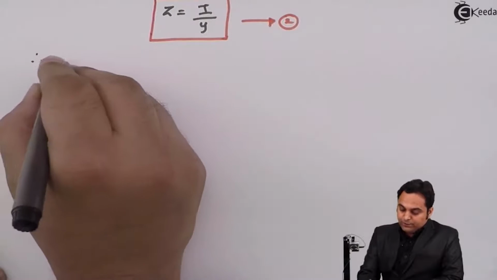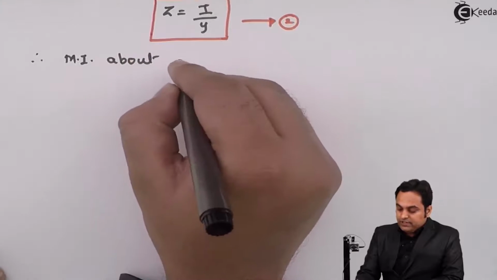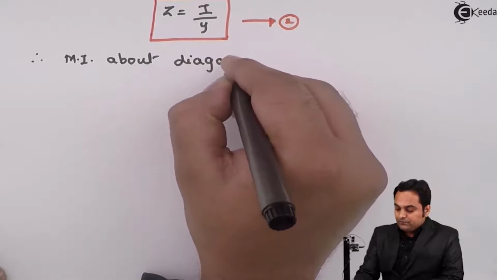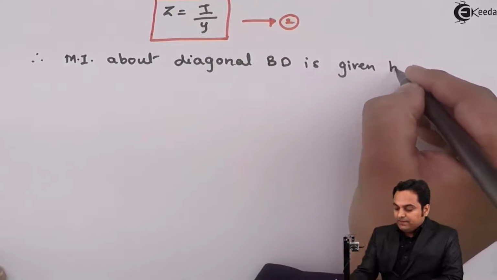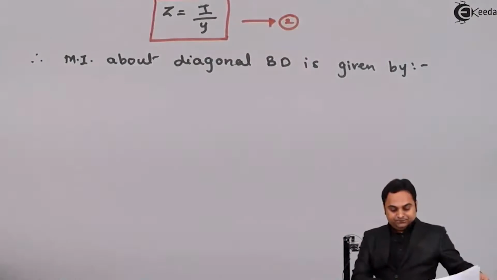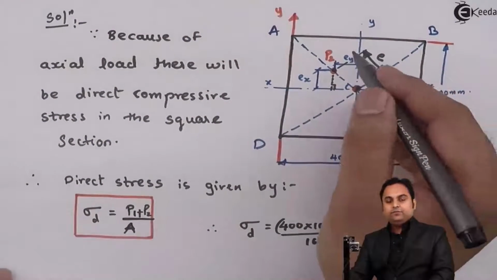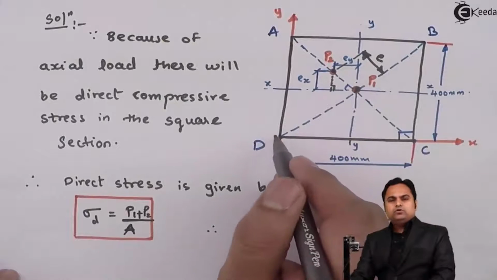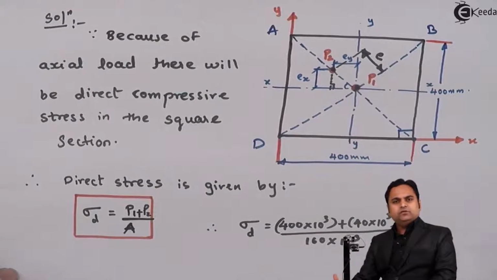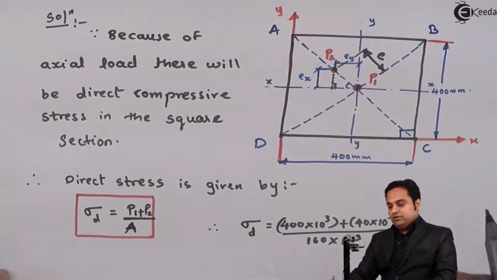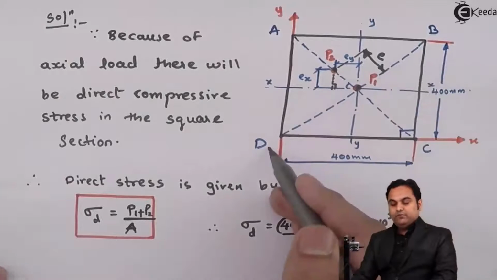I is the moment of inertia about diagonal BD. Here if we look into this problem, the eccentricity is measured with respect to diagonal. So whenever we have eccentricity with respect to any of the axes, we calculate the MI about that axis. Here the eccentricity E is with respect to diagonal BD. So I am calculating MI about BD.